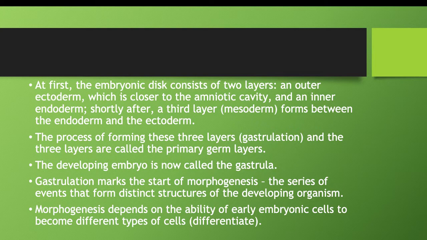At first, the embryonic disc consists of 2 layers, an outer ectoderm, which is closer to the amniotic cavity, and then an inner endoderm, and then shortly after, a third layer called the mesoderm forms between the endoderm and ectoderm. The process of forming these 3 layers is called gastrulation, and these 3 layers are called the primary germ layers.